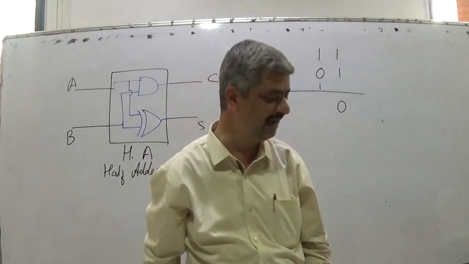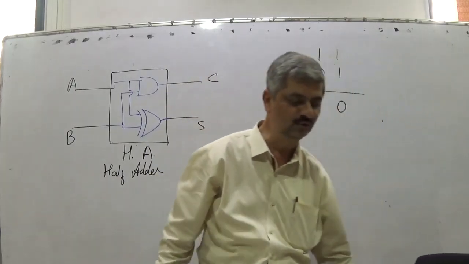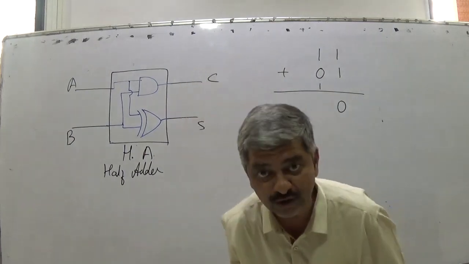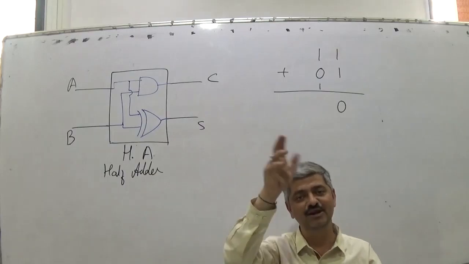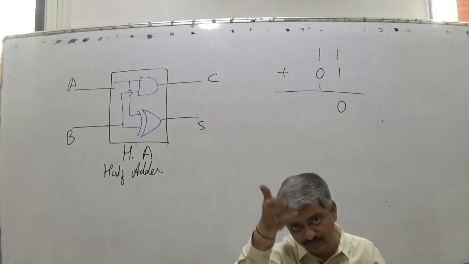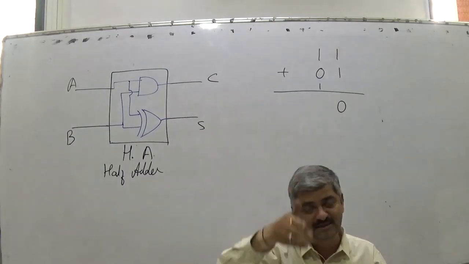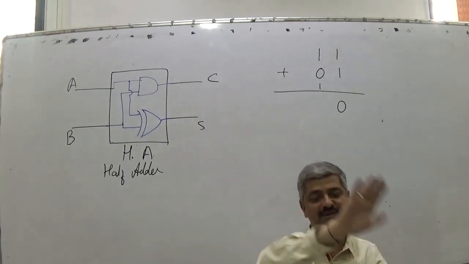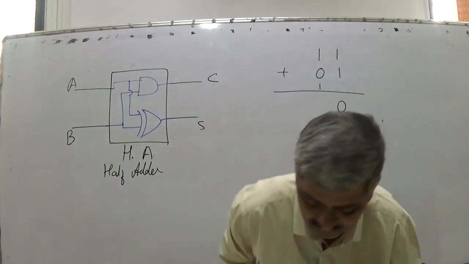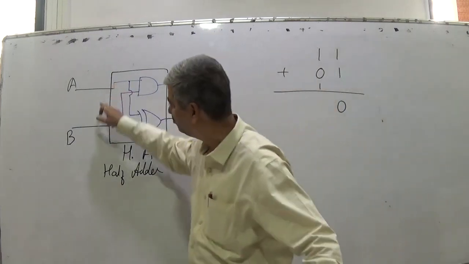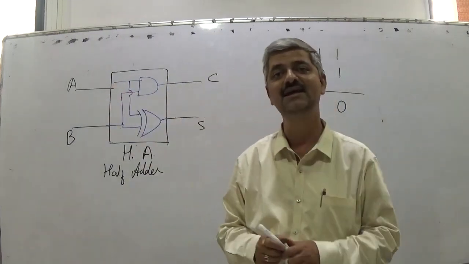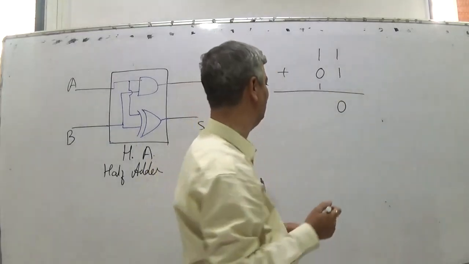So while performing addition, we perform addition of 2 digits for the LSB and 3 digits for the next, depending upon the carry coming from the previous digits. So when we think of an adder, we should not think of only 2 bits to be added, but 2 bits and the previous carry coming into the picture.